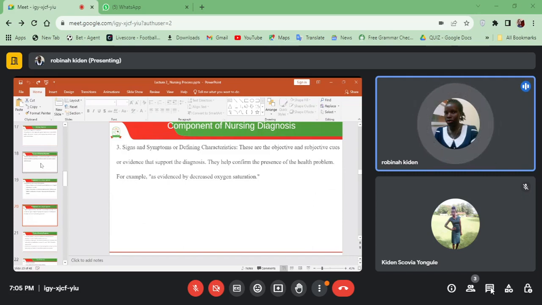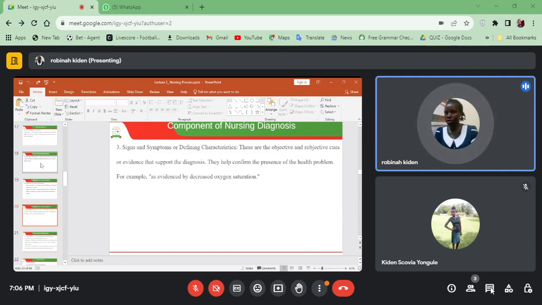So we can say impaired gas exchange related to pneumonia as evidenced by decreased oxygen saturation. You have tested the oxygen saturation in the patient's body and it is low, so you come up with such a diagnosis. Those are the three components of nursing diagnosis.